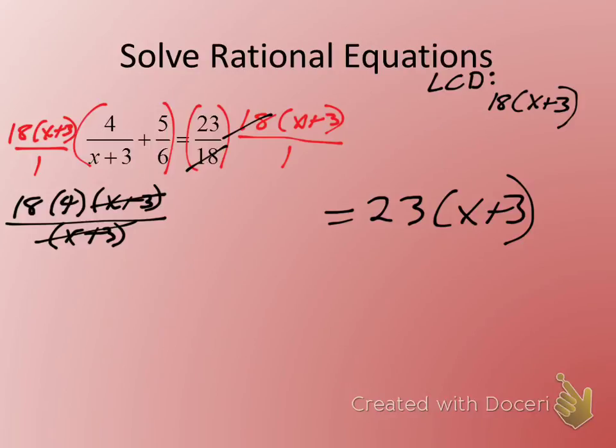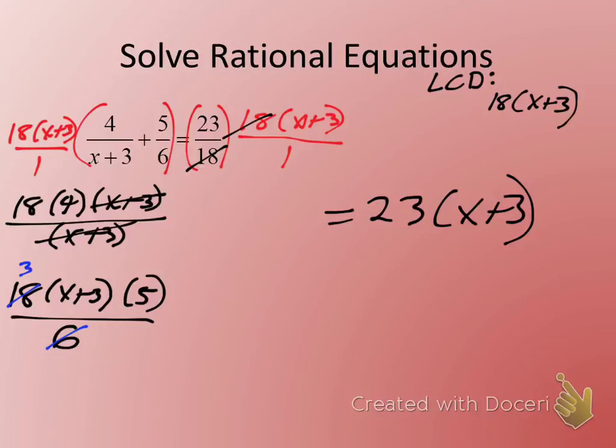Then the same way, you have 18 times x plus 3 times 5 over 6, and the 6 goes into 18 3 times. So you're left with 3 times x plus 3 times 5. You're distributing on this side to each of these terms, canceling out what's already in the denominator, because these are equations, so you can cancel top and bottom, and you want to get rid of the denominators.